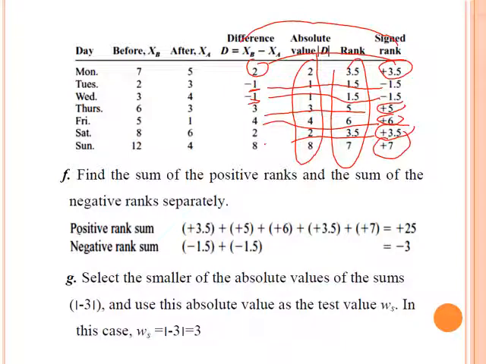The total positive rank sum equals 25 and the negative rank sum equals negative 3. So we will select the smaller absolute value of the sums. The absolute value of 25 is 25 and the absolute value of negative 3 is 3. We select the negative rank sum because it has the smallest absolute value, to be our test value.